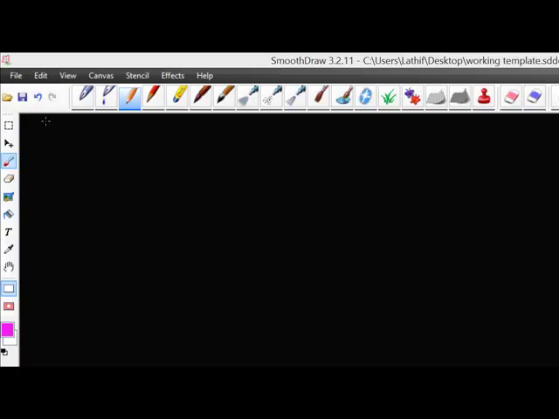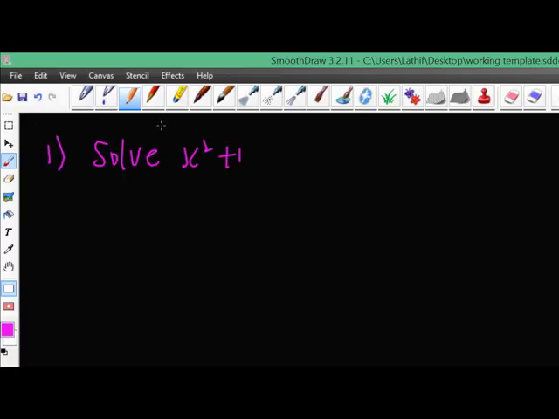So the first one, let us solve x squared plus 4x equals 0. If you look at it, which factorization skill should we use over here? You realize that there are two terms, and the common factor of these two terms is x. So we'll take out x, and we get x times x plus 4 equals 0.